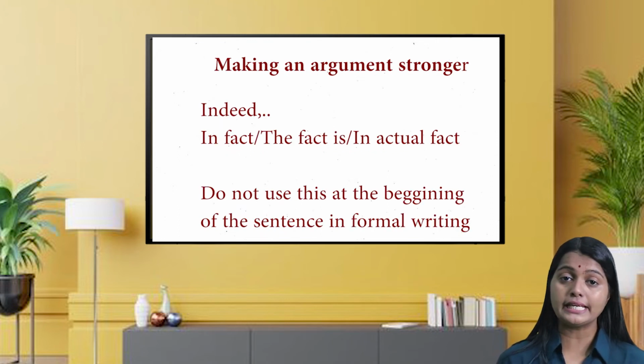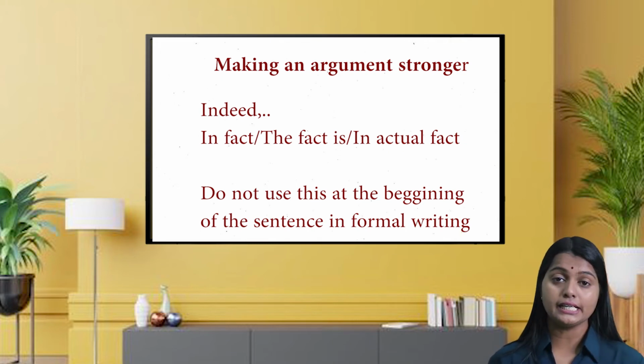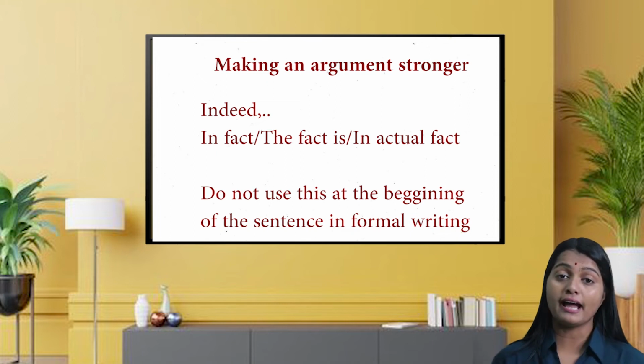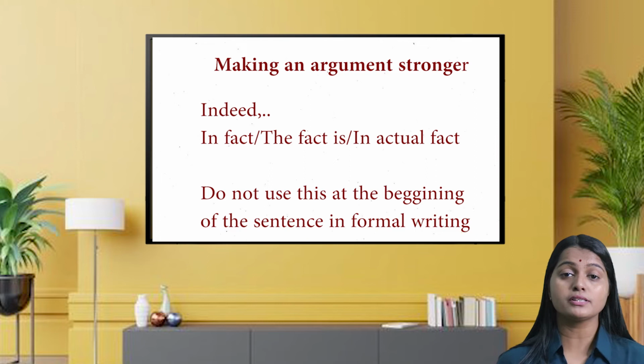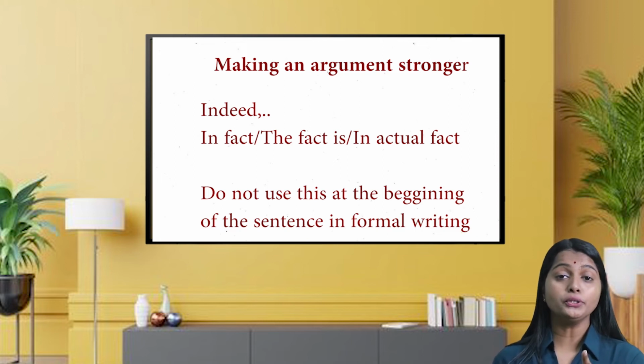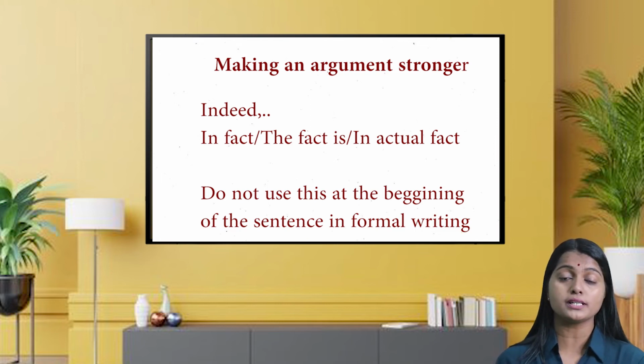When you want to make an argument stronger, you can use indeed, it is certainly true that, in fact, in actual fact. These are the examples you can use. But make sure you do not write these words at the beginning of your essay. Always write the essay with the proper structure and the correct way of usage.